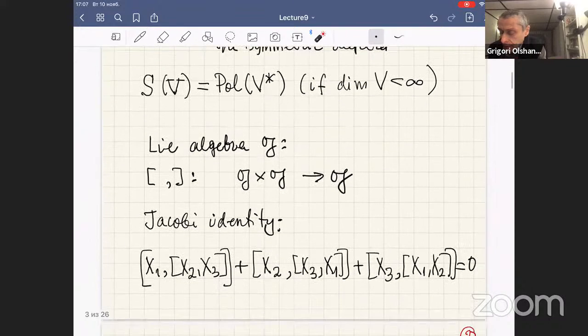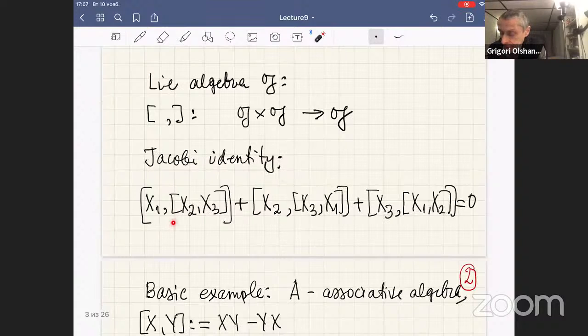Now I recall very briefly what I need for Lie algebras. So I assume that this Gothic G is a Lie algebra, which means that there is a binary multiplication operation, the map from G cross G to G, which is skew-symmetric and satisfies this identity, which is called the Jacobi identity.